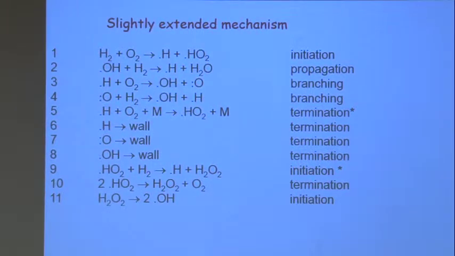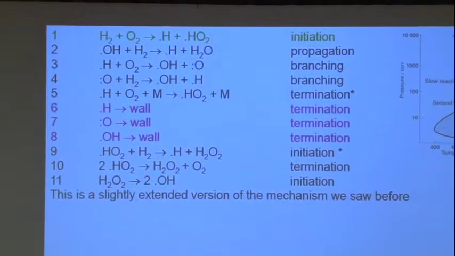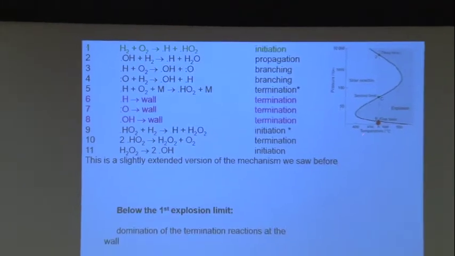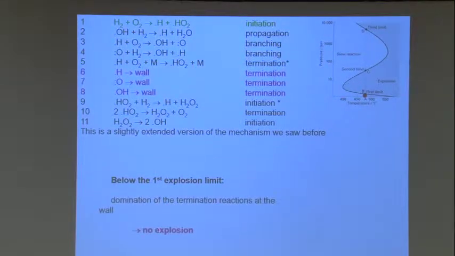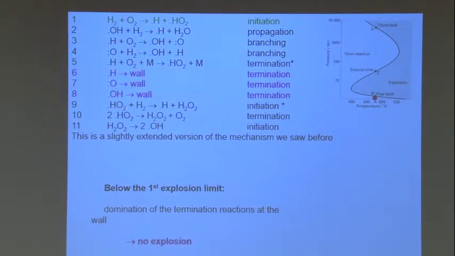Let's look at the final consequences of all of this. So below the first explosion limit, the termination reactions at the wall dominate. So these reactions here dominate. Termination is faster than branching, and so we get no explosion. We reach a steady state.